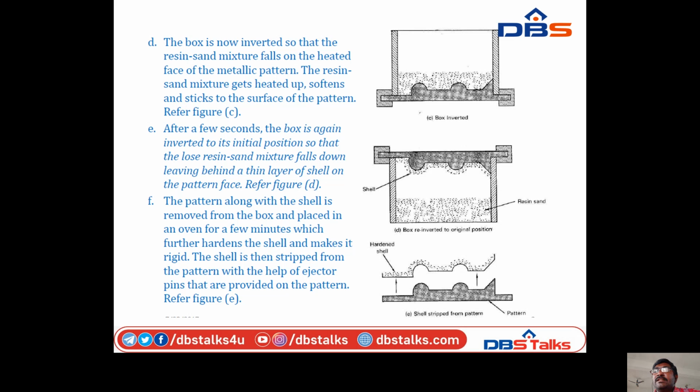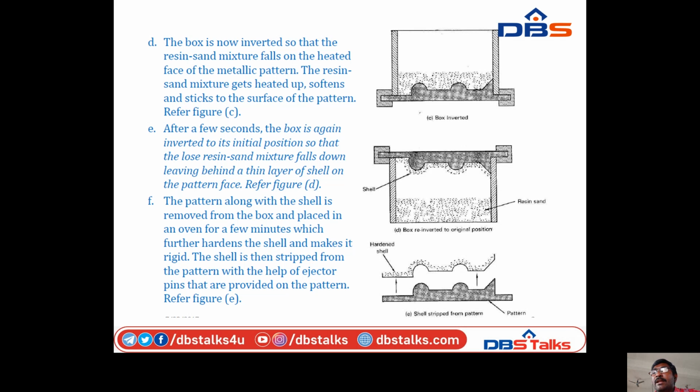After a few seconds, the box is again inverted to its initial position so that the loose resin sand mixture falls down, leaving behind a thin layer of shell on the pattern face.